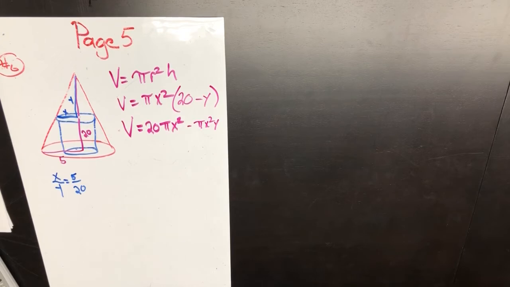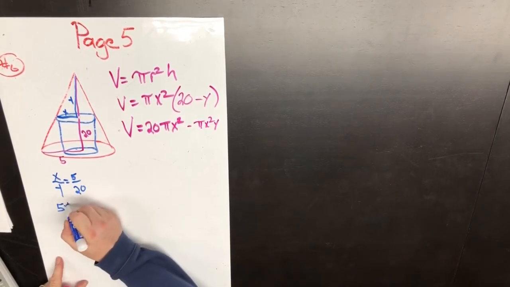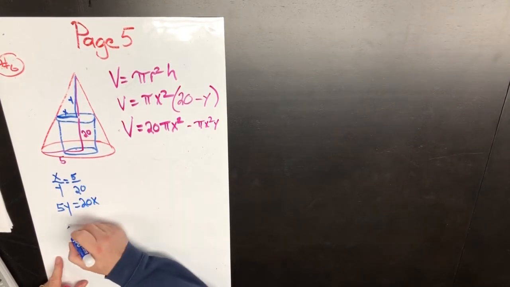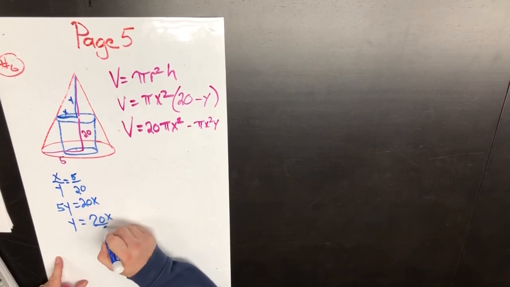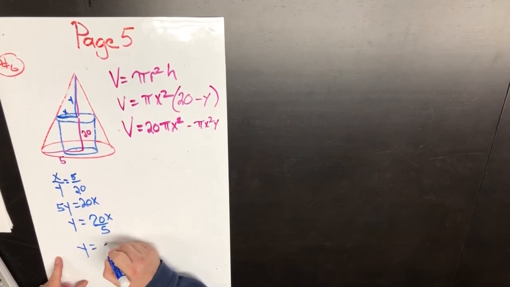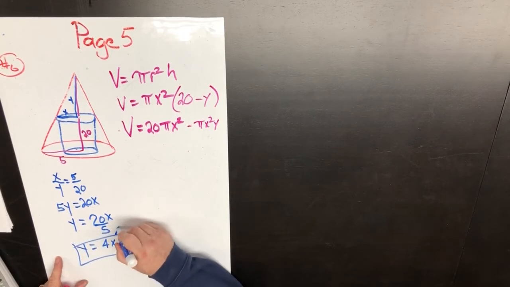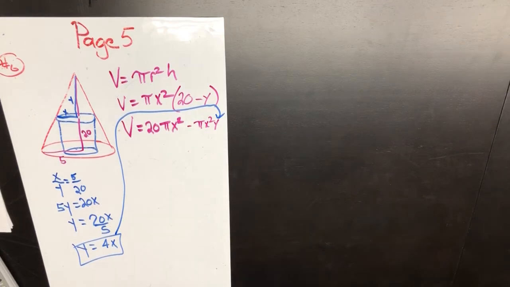So I'm going to solve this relationship over here for y. I have 5y equals 20x, and that's done through cross multiplication. So y equals 20x over 5, y equals 4x. Let's take this known relationship and plug it in there.